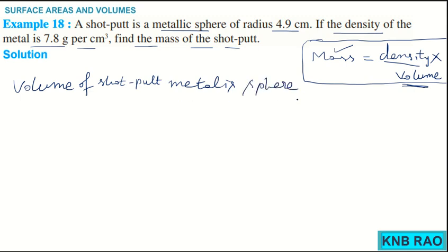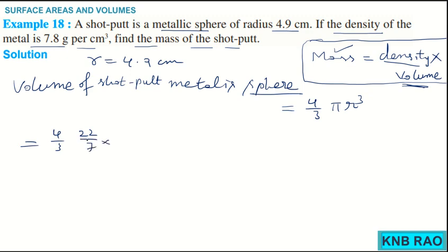We'll find it with the same formula, 4 by 3 pi r cube, because it's a sphere, and they already give you radius as 4.9 centimeter, which I will substitute. So here 4 by 3, 22 by 7 into 4.9 into 4.9 into 4.9.